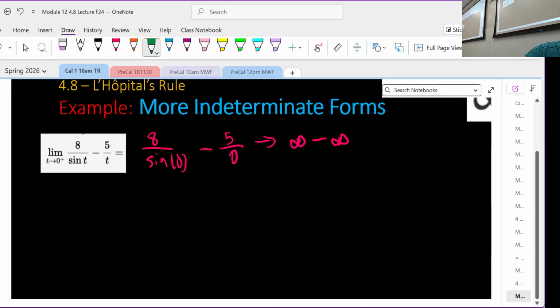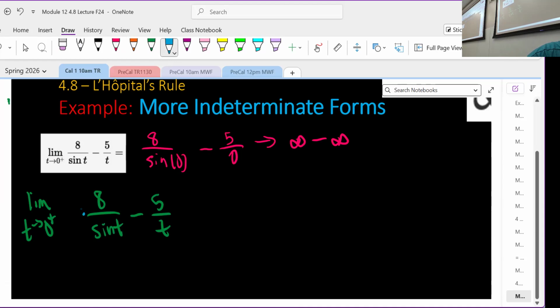So I need to combine these fractions. So I'm going to get a common denominator, add them together. You know what? I'm just going to write it out because that is horrible looking otherwise. So my denominators are sine t and t.